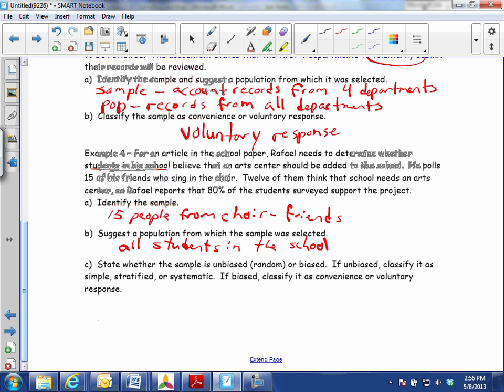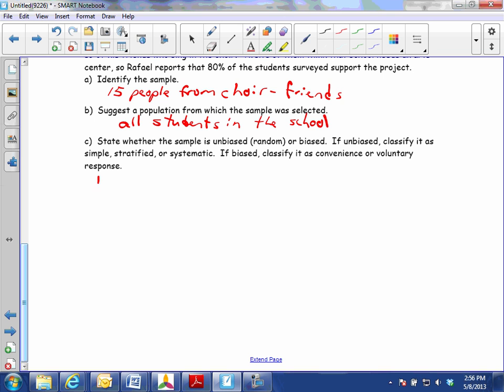Okay, and C, state whether this is unbiased or biased. It's biased. If biased, classify it as convenience or voluntary. Convenience. Why is it convenience?